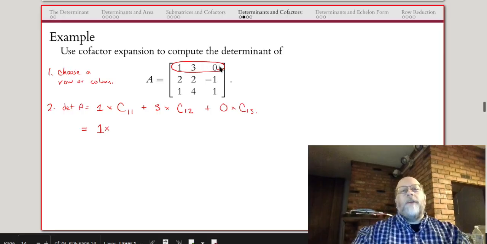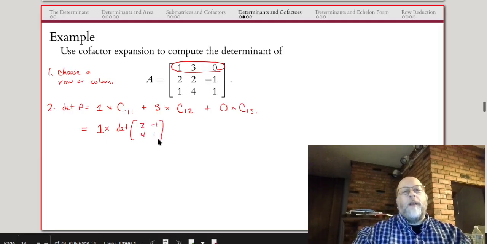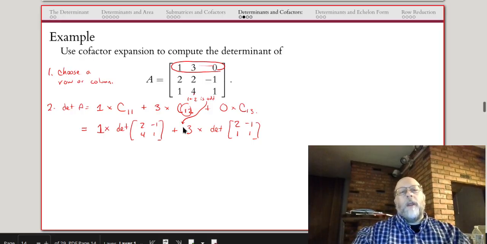So in the 1, 1 position, if we were to remove the first row and the first column, the numbers that we would have left would be 2, -1, 4, 1. Then we get 3 times the determinant. In the 1, 2 position, we would eliminate the first row and the second column. And now we're looking at 2, -1, 1, 1. But 1 plus 2 is odd. And so instead of multiplying by 3, we're also going to put a negative factor in here.